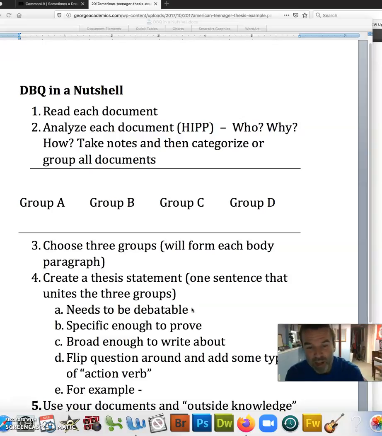And it needs to be broad enough so you can actually write about the question that's being asked of you. So broad enough, yet specific enough. I would recommend, especially as you're acquiring these skills, just take the question and flip it around and then add some type of action verb.